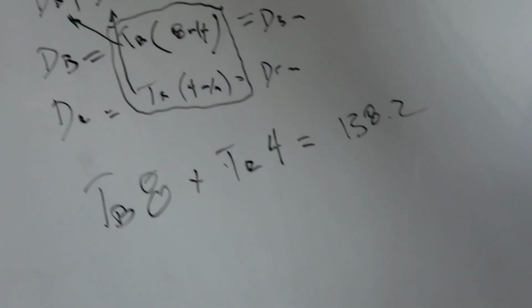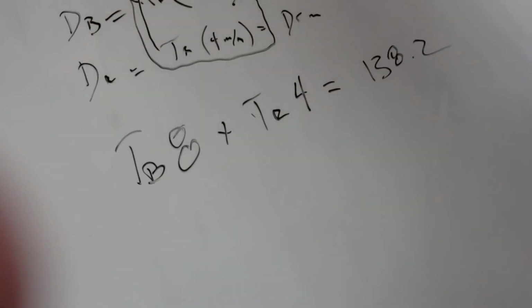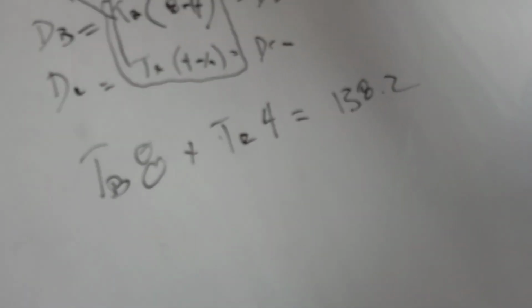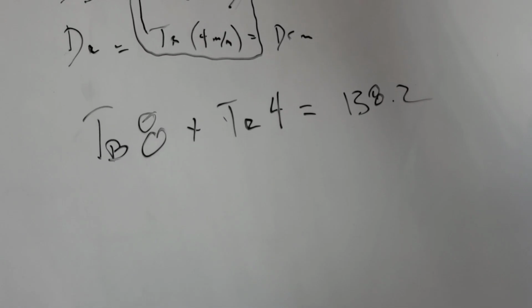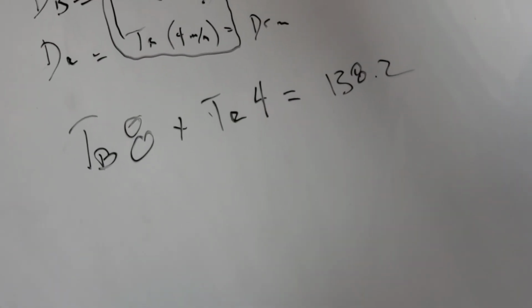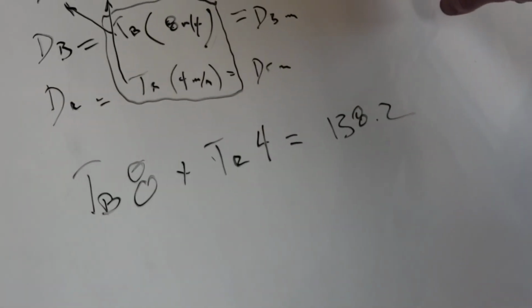Can we solve for t? No. Why not? Because there are two different variables. So how do we make that one variable? We're given a total time, so it allows us to do it.